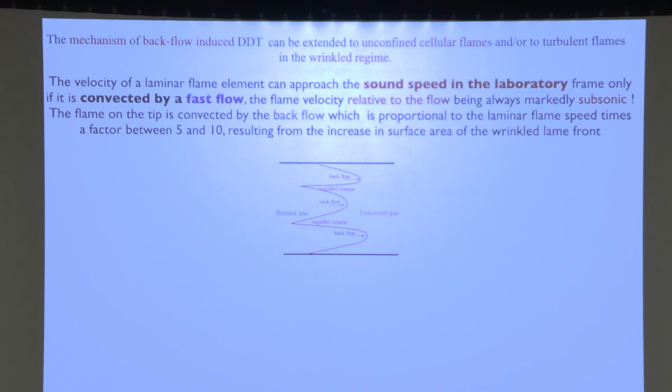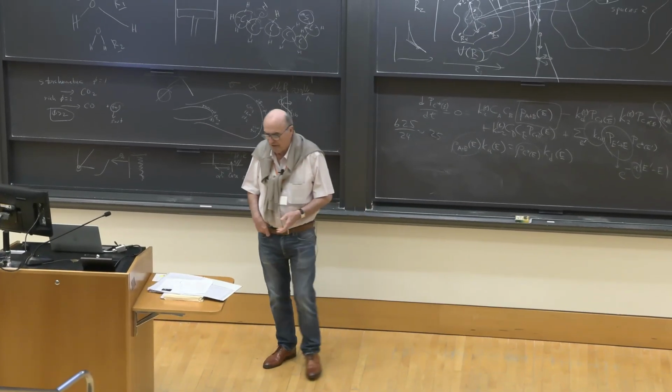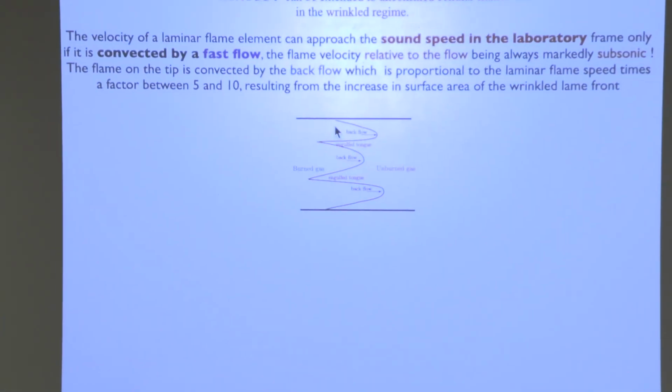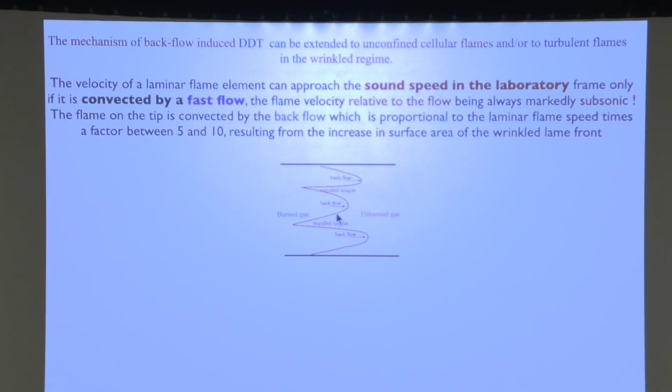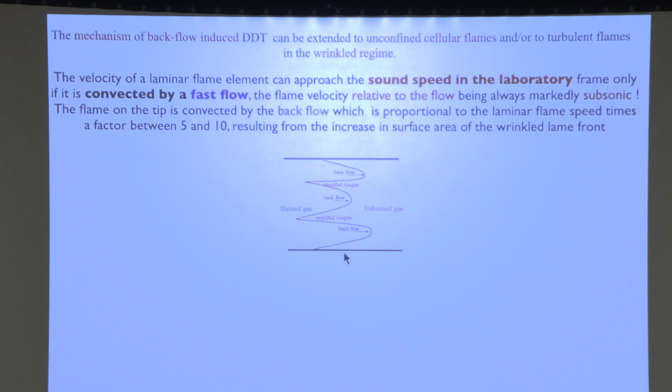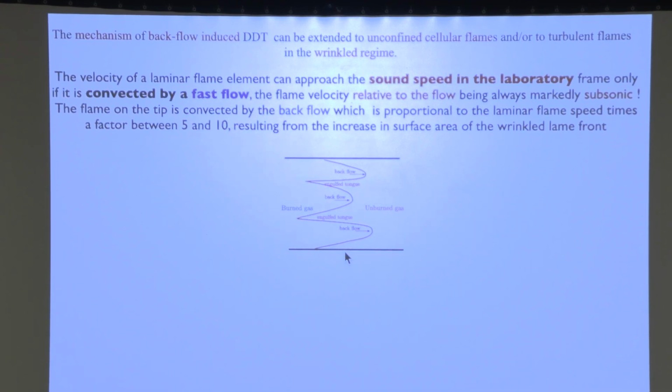But for the moment, consider that the regime of the flame is a wrinkled laminar flame, in such a way that whatever the reason for the wrinkling of the front, you still have locally a laminar front.